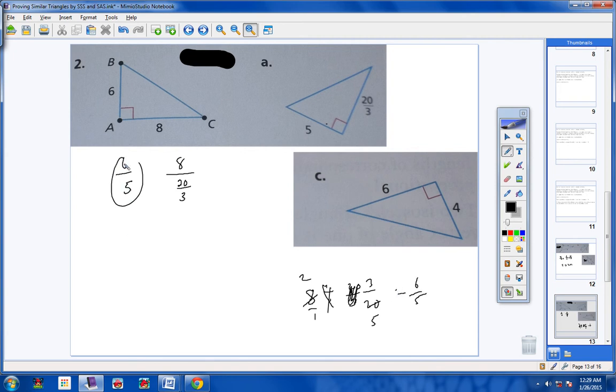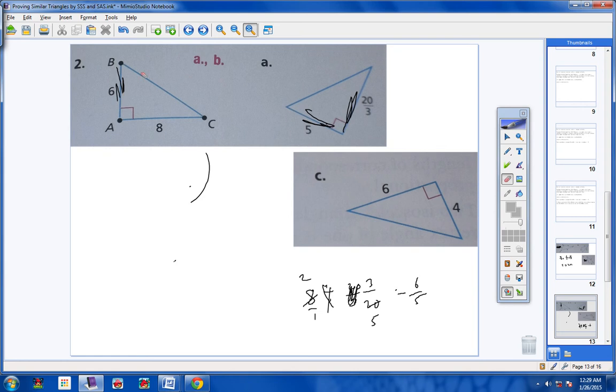So this fraction here is 6/5, and this fraction here simplified to 6/5. So I have an angle here congruent to an angle here, and the including sides are proportional. So yes, triangle A is similar to triangle ABC.